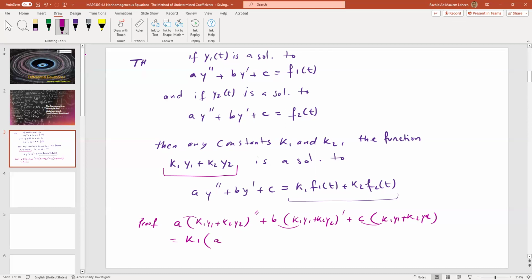You will see that you build back a differential equation with y sub 1, the first solution.